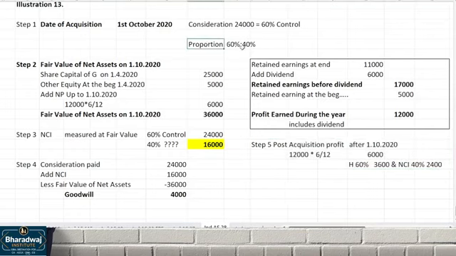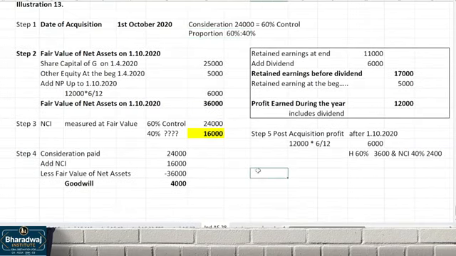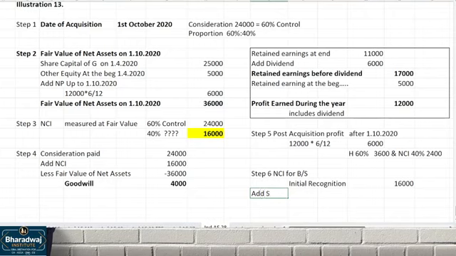What is the next step? NCI for balance sheet. What is the initial recognition? 16,000. Add share of post acquisition profit.